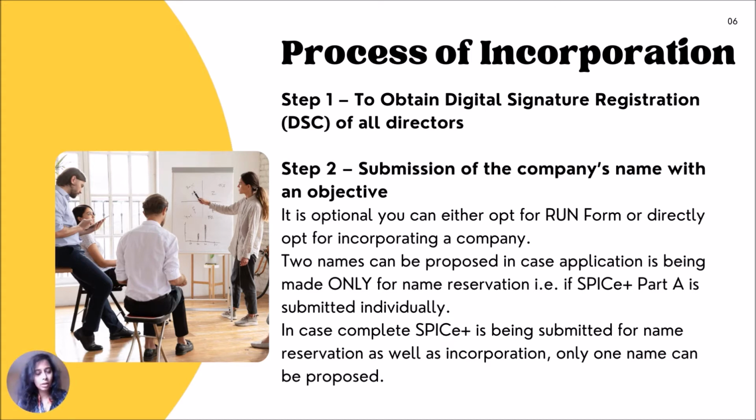Once your name is reserved by MCA, then we'll proceed with incorporating a private limited company. But in case you're confident that your name is available, in that situation, the complete SPICe Plus form will be submitted for name reservation as well as incorporation together. In that situation, only one name can be proposed.